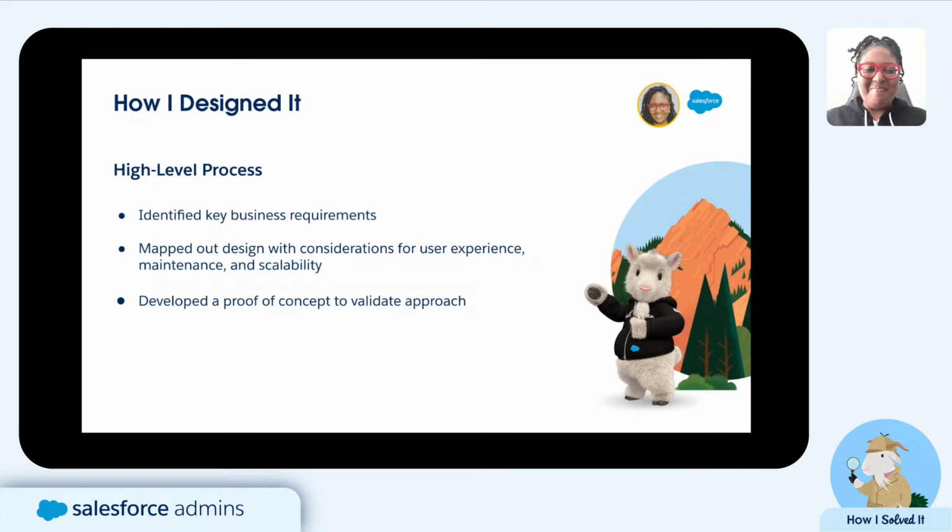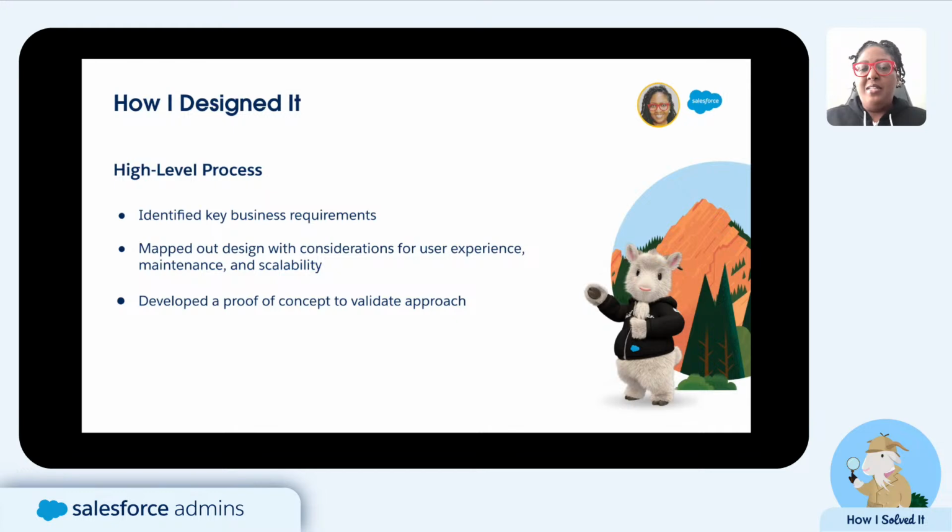Hi. So when I looked at that business prompt, I started thinking through my high level process for this. Part of that is I identified the key business requirements. Some of the ones that stood out were those related to quick and efficient updates to the records, as well as quickly identifying those neglected opportunities.